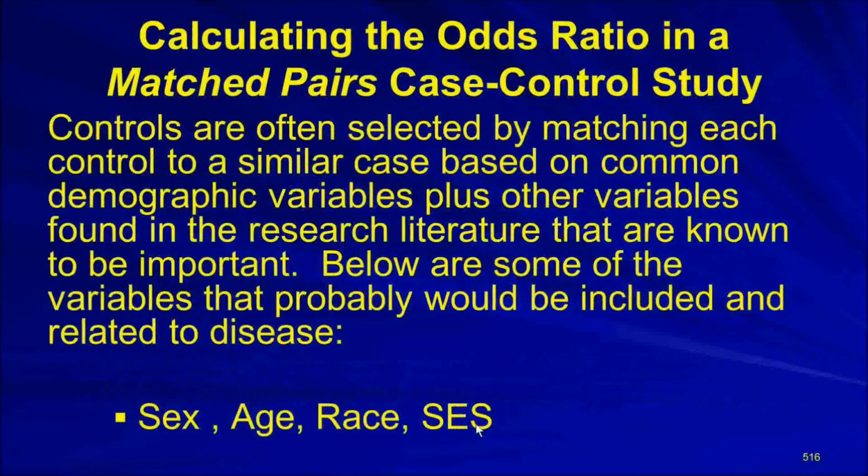I could match these 2 subjects, one would be a case, one would be a control, on sex, age, race, and socioeconomic status. Now, the more of these variables you take into account, the more difficult it is to find a control that is similar to the case that you're going to do the comparison against.